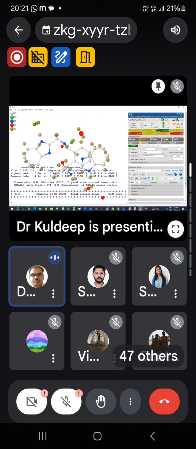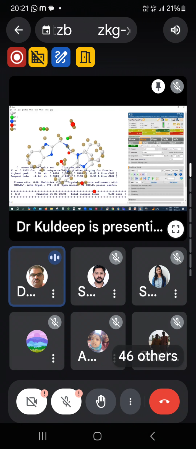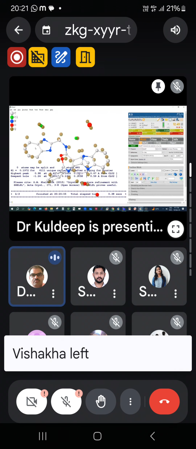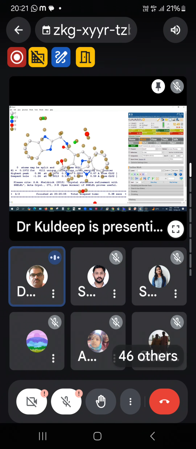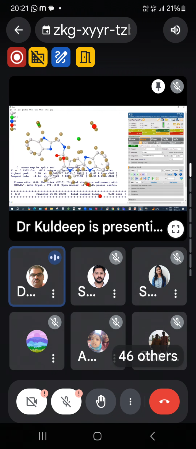And some Q peaks are in between this carbon, meaning this benzene is showing some kind of disorder. Whether we need to model the disorder or not, we will see after the anisotropic refinement. Otherwise, we can clearly see these three carbon atoms are showing some kind of disorder. Similarly, these carbons are showing some kind of disorder.